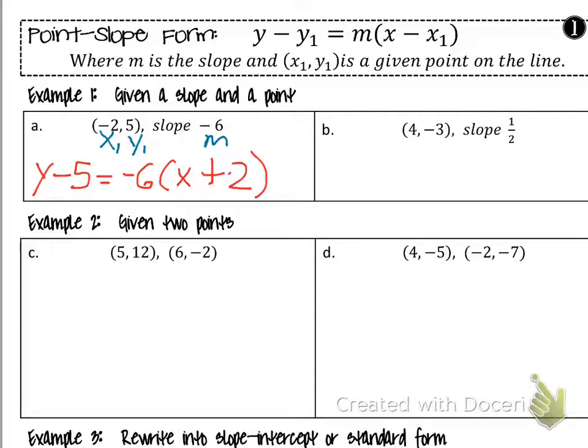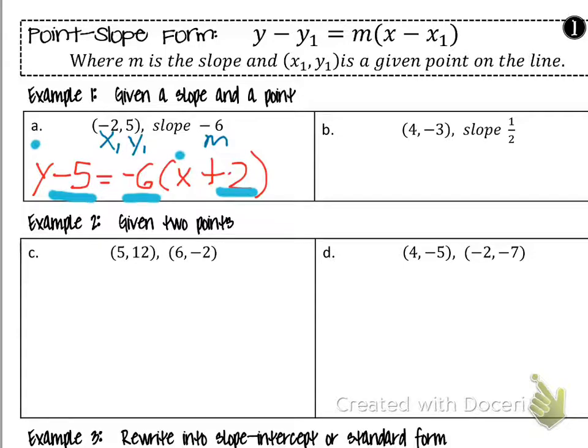One mistake that I see students making is whenever they plug in their x and their y, they plug it into the wrong spot. So make sure you plug in your y here, your x here, and your slope here. Don't get them mixed up, and don't try to plug them in for the first y and the first x.